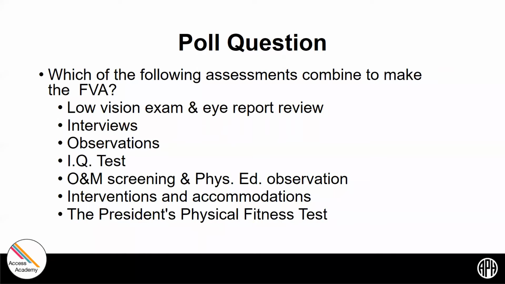The low vision exam and eye report review, interviews, observations, an IQ test, O&M screening and phys ed observation, interventions and accommodations, or the President's Physical Fitness Test. Which of those all combine to make up the FVA?